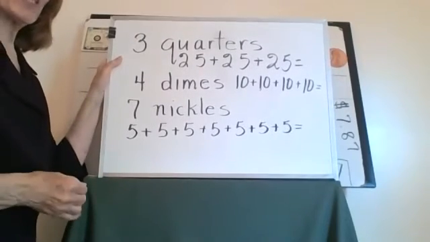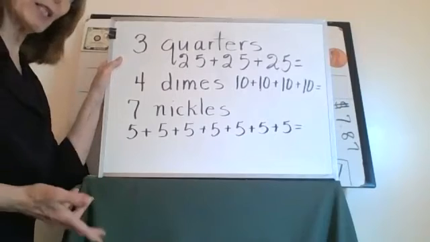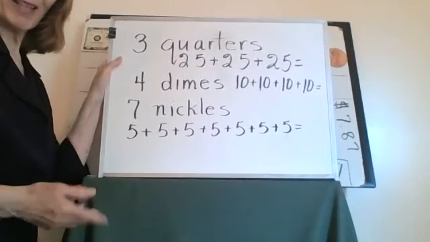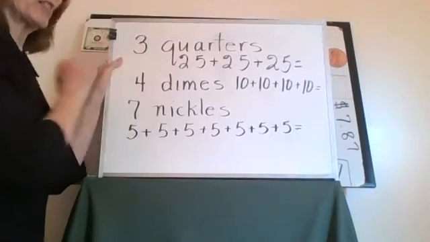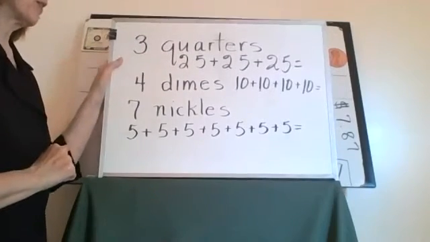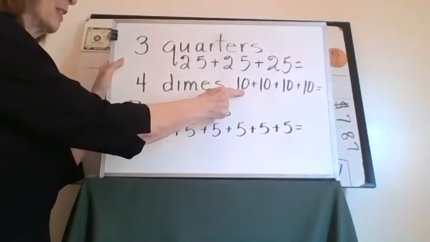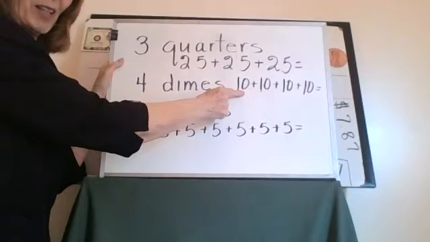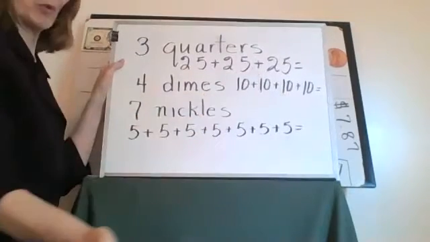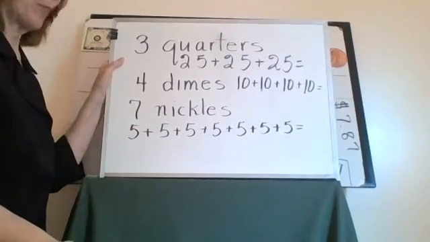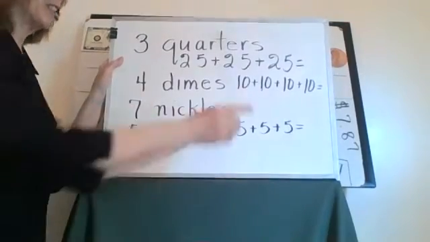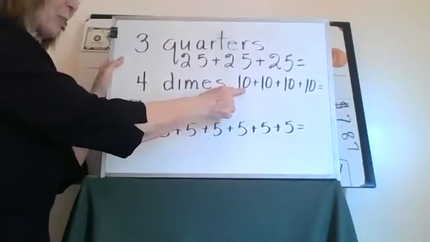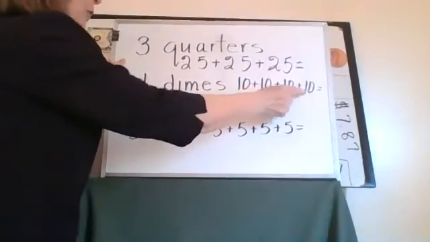When we say cents, are we saying pennies? Yes. So 25 cents means 25 pennies. A dime, no. Are you listening? 10 pennies. 10, 20, 30, 40.